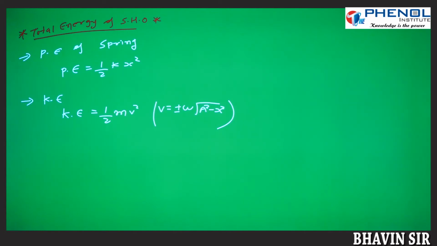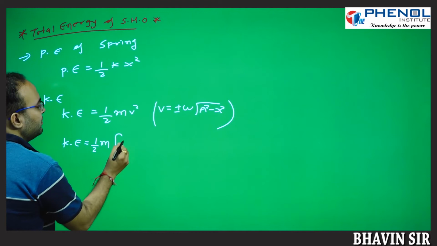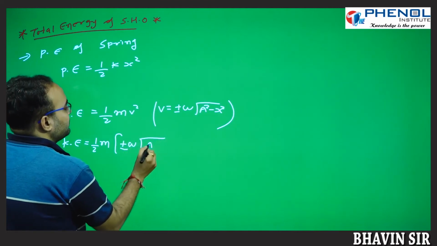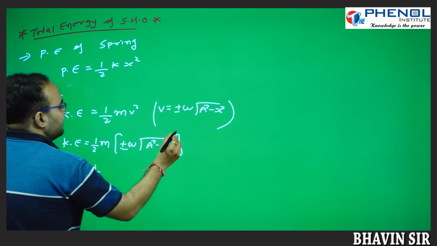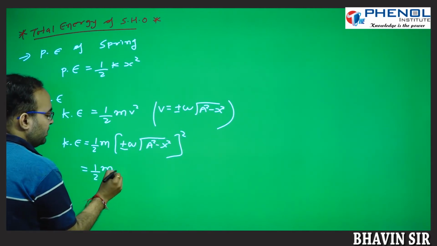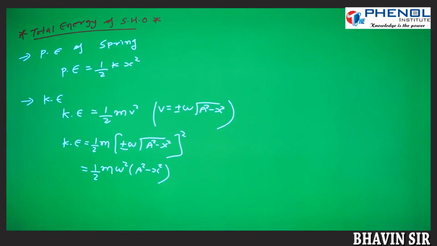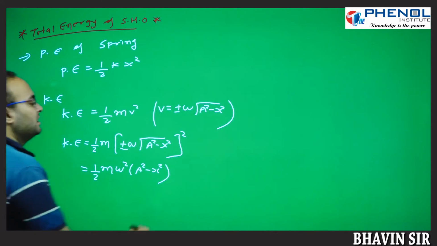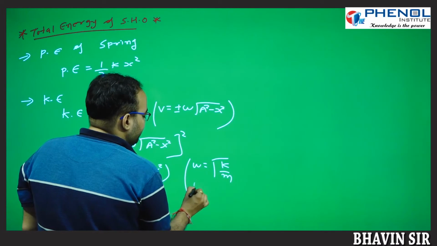So what is the kinetic energy? Half m omega square, a square minus x square. Further, if we simplify, what is omega? Under root k by m.